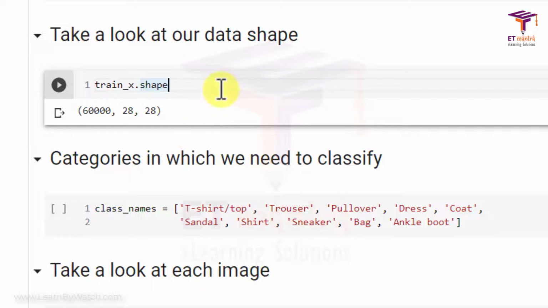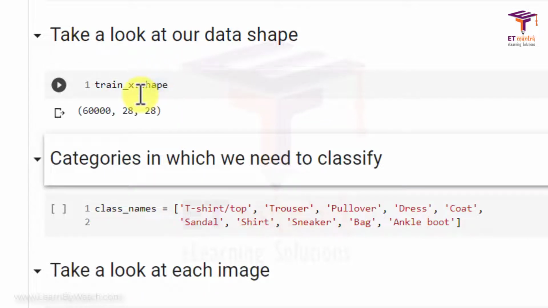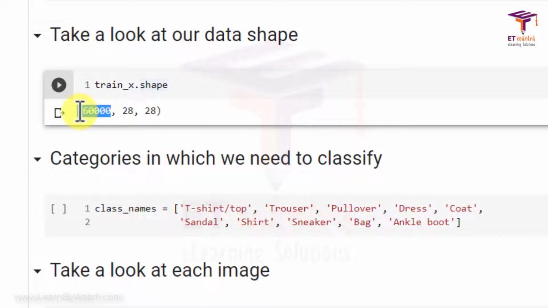Okay, now we'll look at the shape of our dataset. So trainx.shape gives the shape of our dataset. So you can see it is 60,000 by 28 by 28. So 28 by 28 is actually the size of one training example, and we have 60,000 of these training examples.